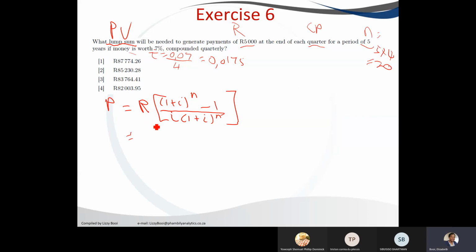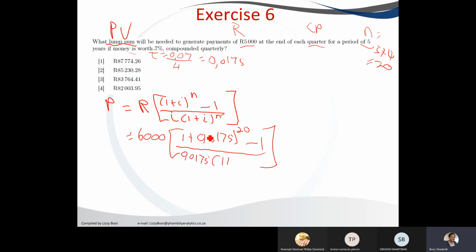And we substitute into the formula. 6,000 times 1 plus 0.0175 to the power of N, which is 20, minus 1, divided by 0.0175 times 1 plus 0.0175 to the power 20.